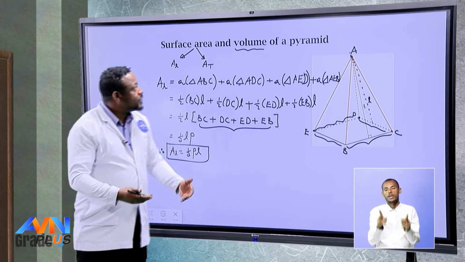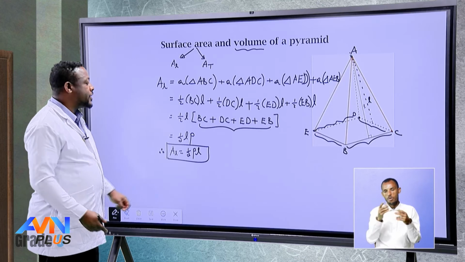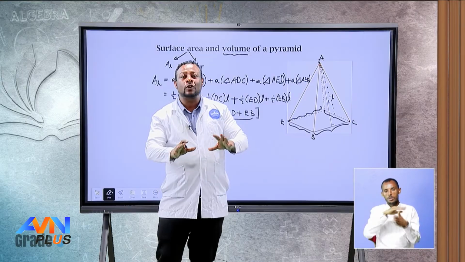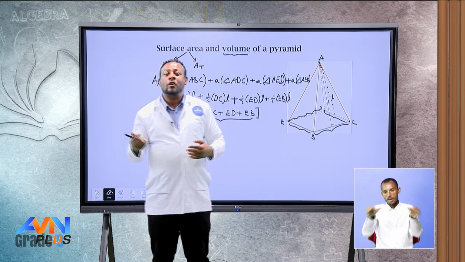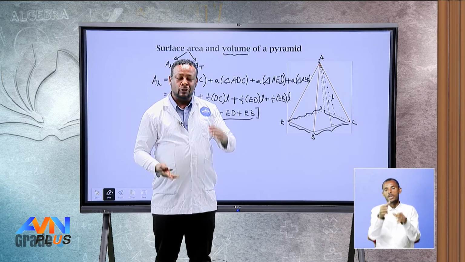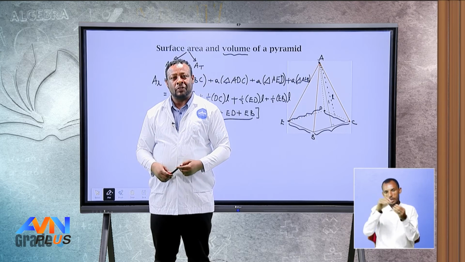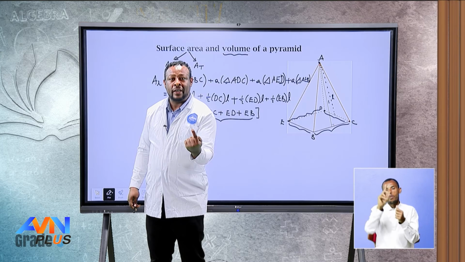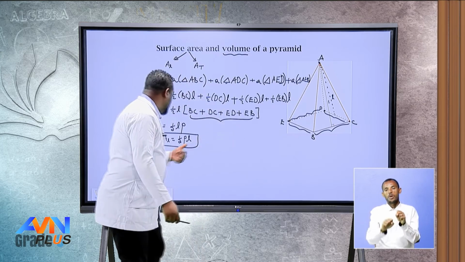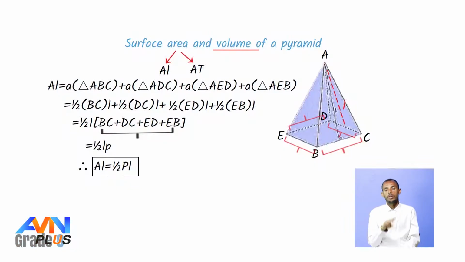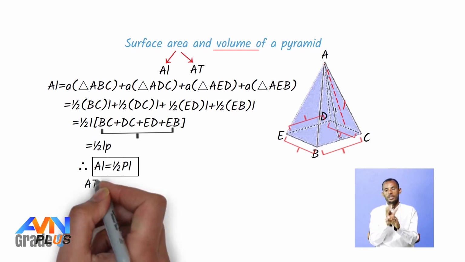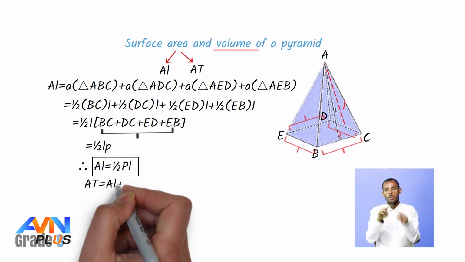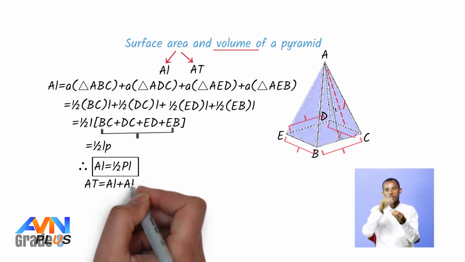Next we have the total surface area. As you all know, the total surface area of any solid figure is the area of each lateral face together with the bases. In this case we have only one base. So whenever we are calculating the total surface area of a pyramid, we take the lateral surface area plus the area of the base.